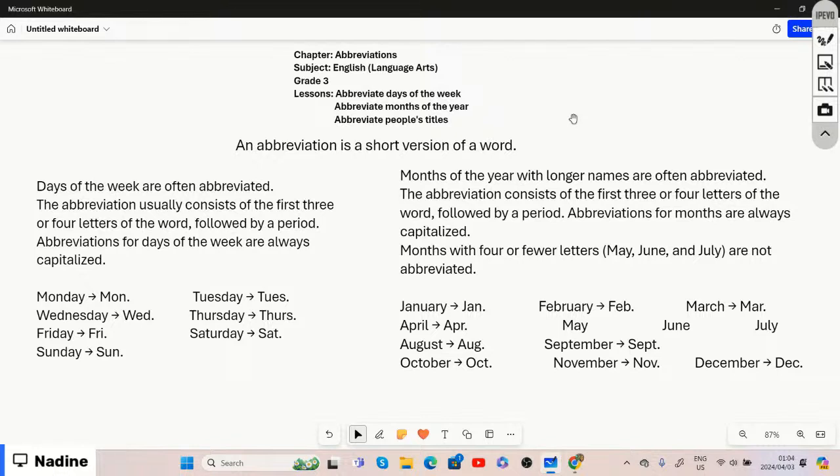And the lessons that we are focusing on under the chapter of abbreviations are to abbreviate the days of the week, to abbreviate the months of the year, and we're also going to abbreviate people's titles. So that is going to be our lessons for today.